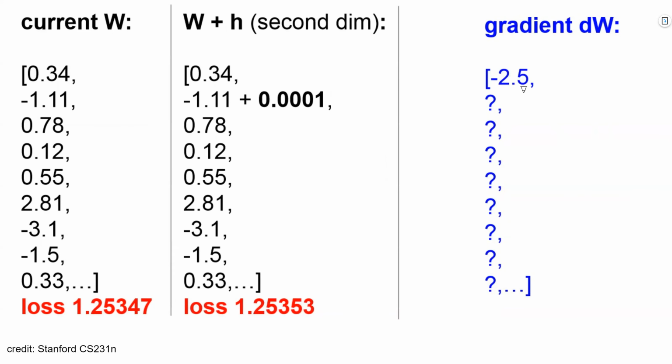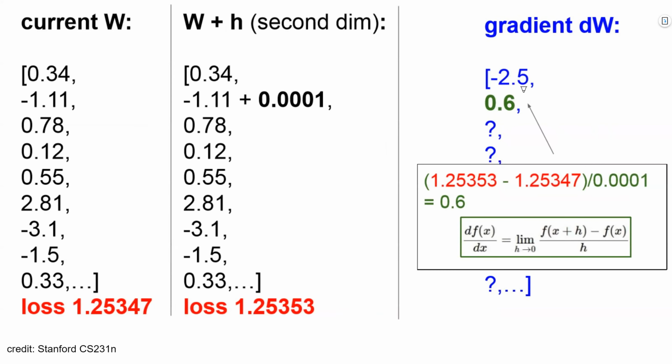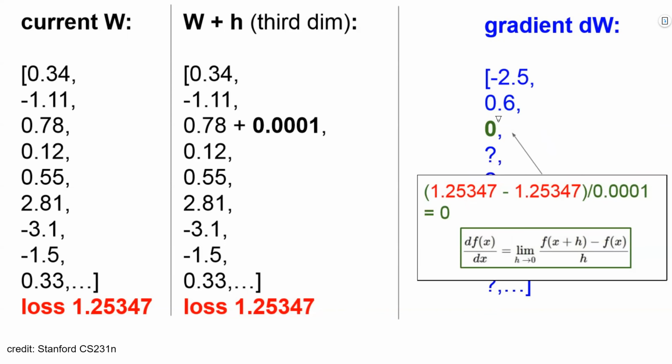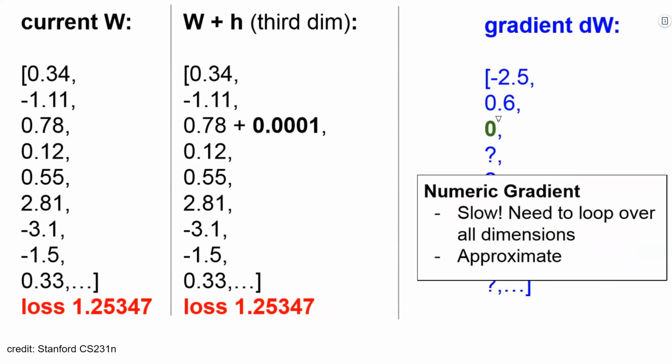And we do the same thing for the next dimension. As before, we just check how much the loss changed here, and divide the change by the small value we added to that dimension, and it becomes 0.6. And we do the same thing for the rest of the dimensions, and we can calculate numerical gradients.